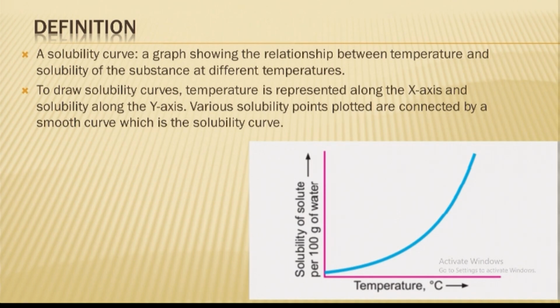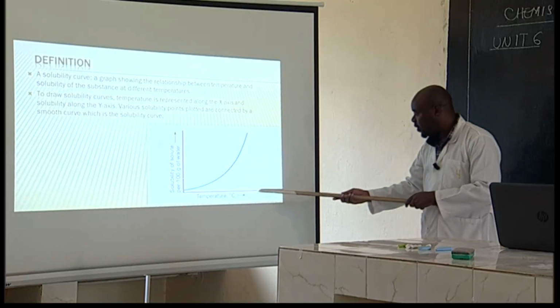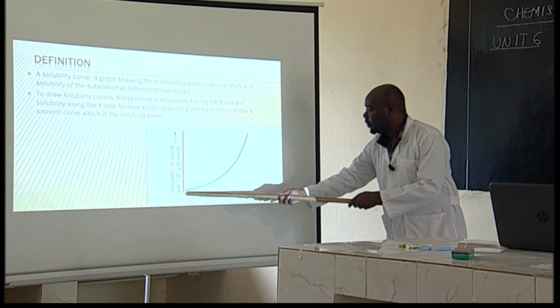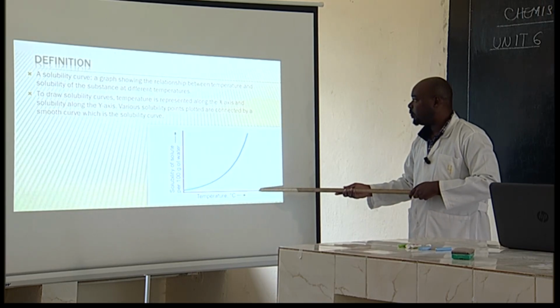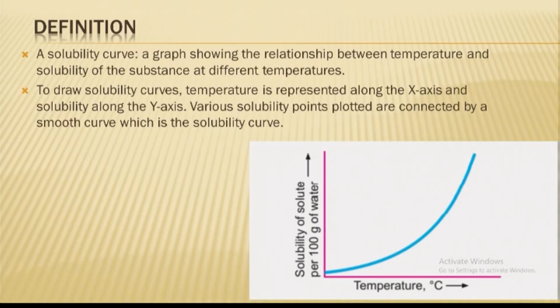How do we proceed when we are drawing a solubility curve? To draw a solubility curve, temperature is represented along the x-axis. This is the x-axis on our diagram, the graph. This is the x-axis, so we put temperature here.